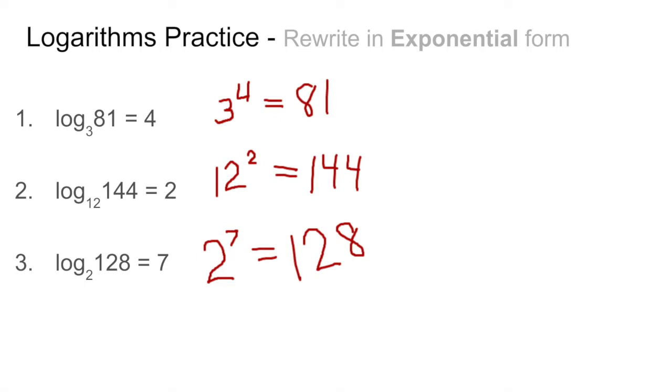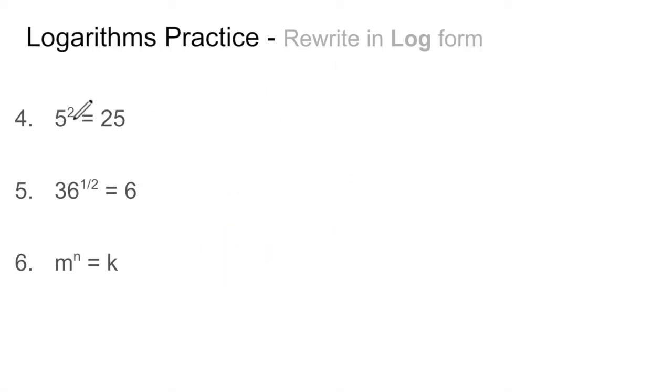Let's try that. So let's say 5 squared equals 25. What is the base here? Well, the base is the number that we're raising to some exponent, right? So that would be 5 in this one. The exponent is the 2, and the result is 25. So to write this in logarithmic form, we're going to write log base 5, a small 5 subscripted, of 25.